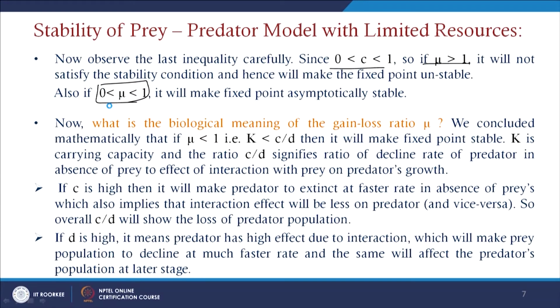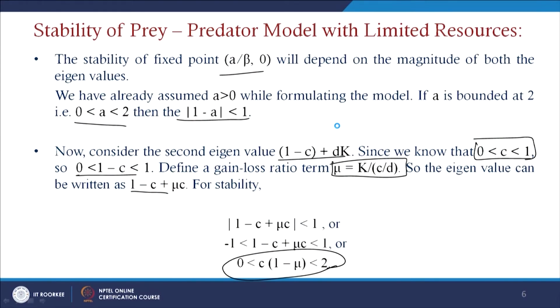Now, the question is: what is the biological meaning of the gain loss ratio mu that we have just defined? Mu is the ratio of the maximum carrying capacity k to c by d.